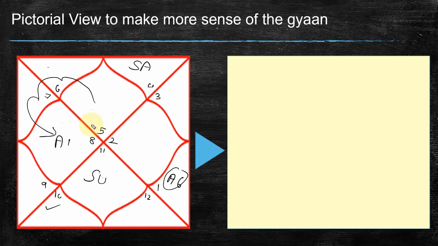And the last exception is very similar to the condition where the Lord of the house is 4 houses away from it. If the Lord of the house is 10 houses away from it, then the same 10th house happens to be the Arudha Pada of that house.